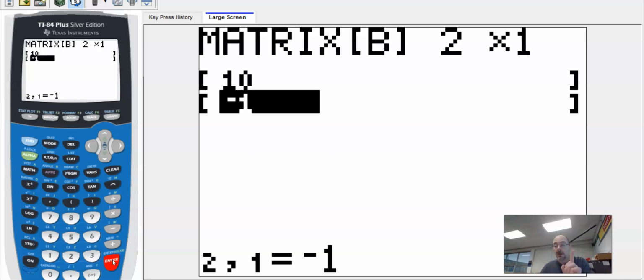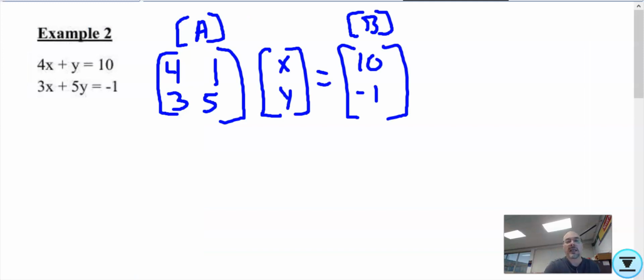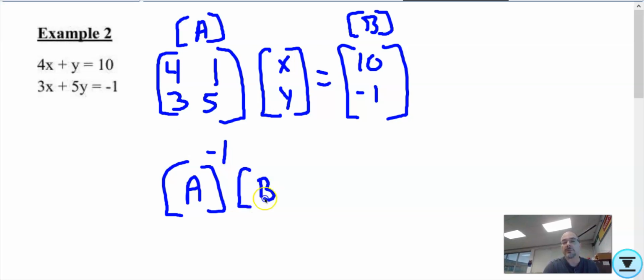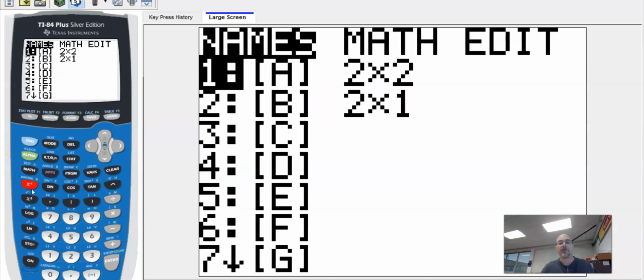Now, you got to remember, you got to quit. Second, quit. All right. Now, we're going to take matrix A to the inverse times matrix B. All right, so here we go. So matrix A, so we go back to the matrix.